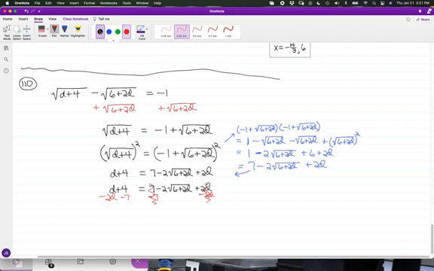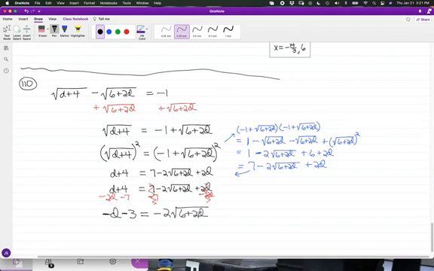So you have D minus 2D, which is going to become negative D. 4 minus 7 is going to be negative 3. And we have negative 2 times the square root of 6 plus 2D.